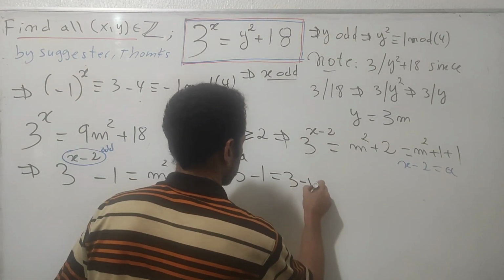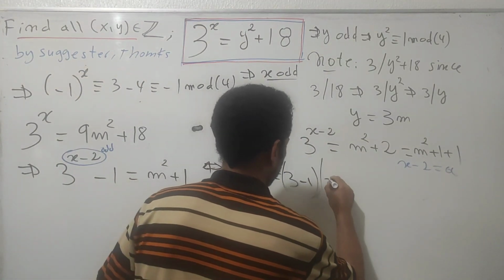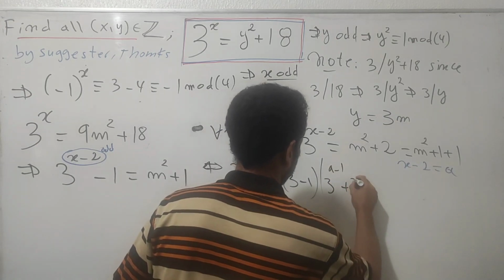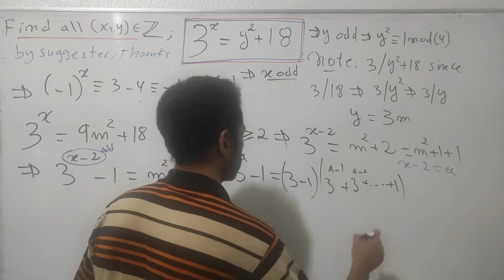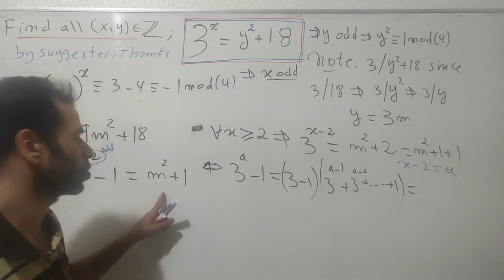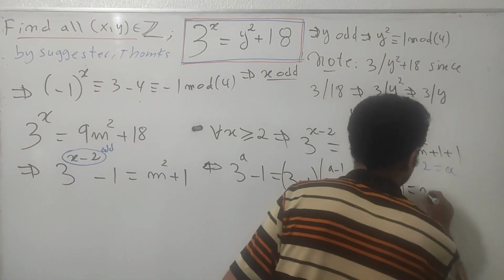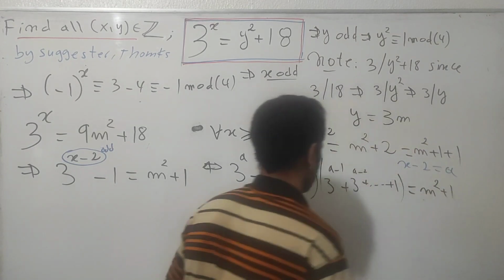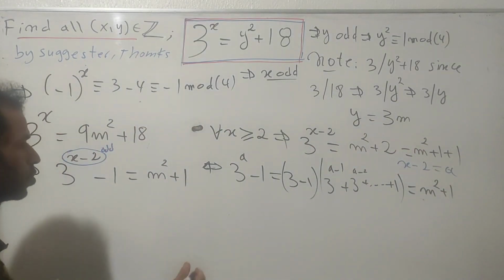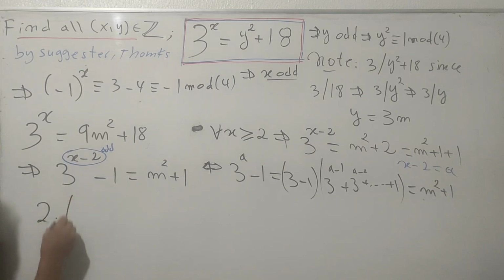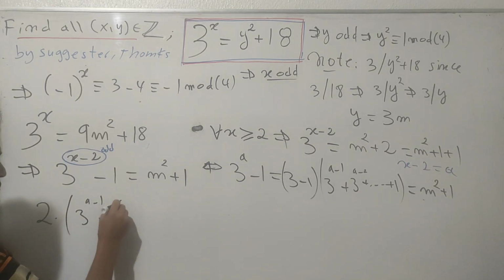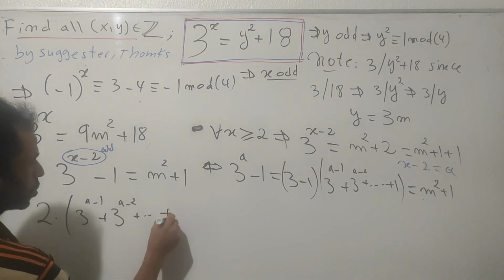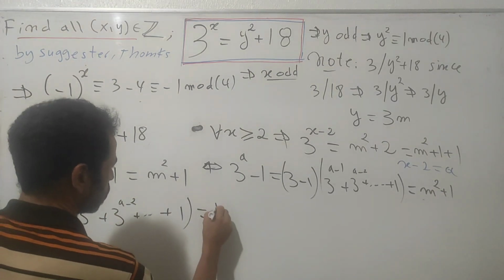So we get (3 minus 1) times (3 to the a minus 1 plus 3 to the a minus 2, and all the way down until you get 1). This product equals m squared plus 1. So 3 minus 1 gives 2, times (3 to the a minus 1 plus 3 to the a minus 2, and all the way down to 1), which equals 1 plus m squared.